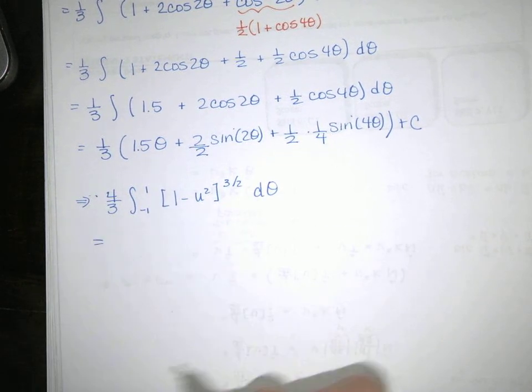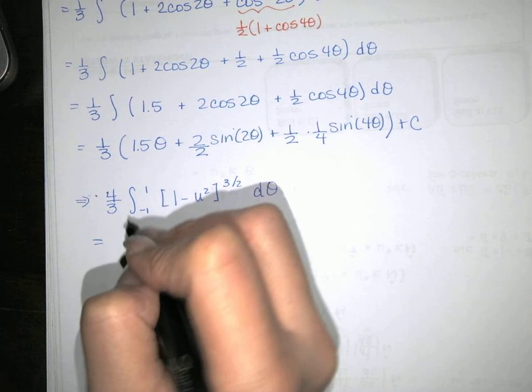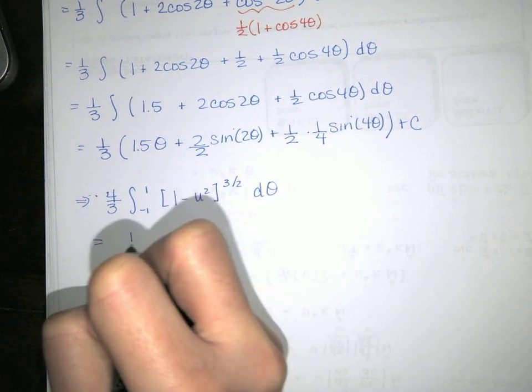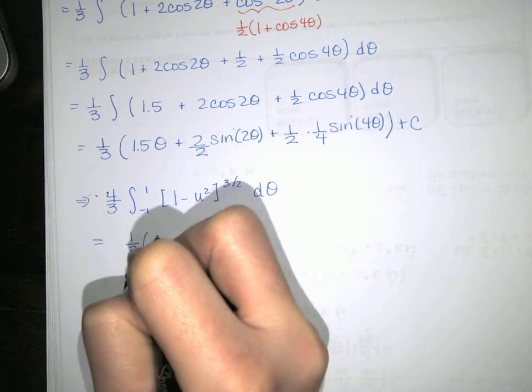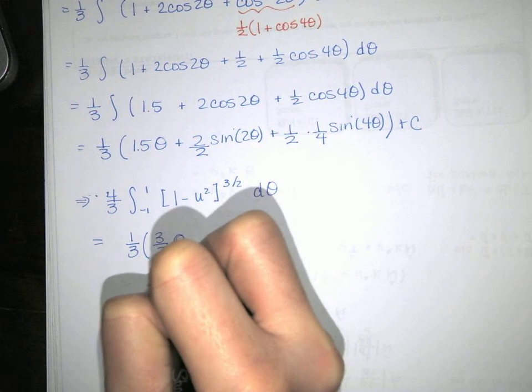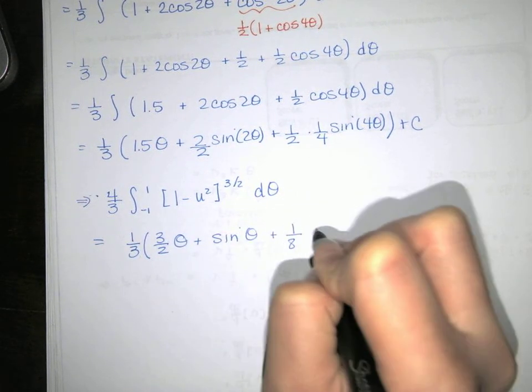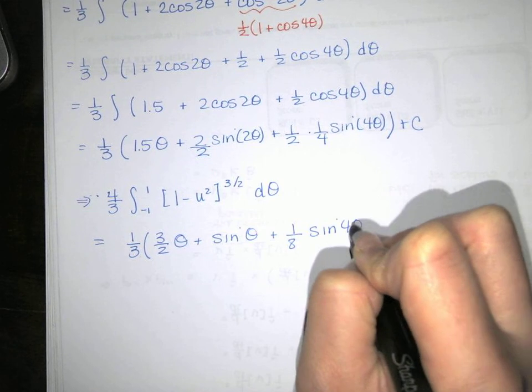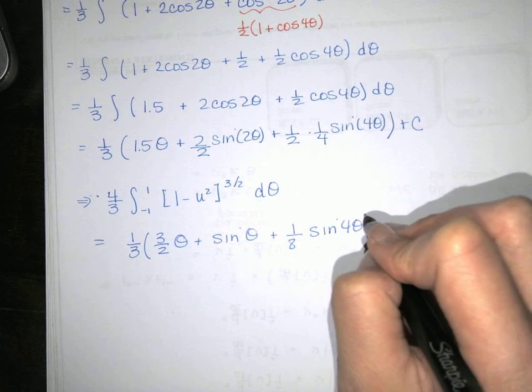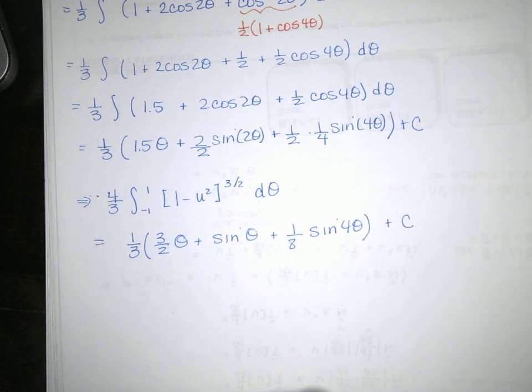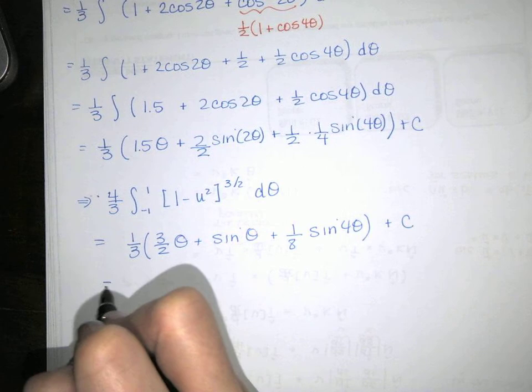So this ended up being all of this, but we have to, so I've got 1/3, and that is 3/2 theta plus sine of 2 theta plus 1/8 sine of 4 theta plus c. And I guess we have to back substitute.